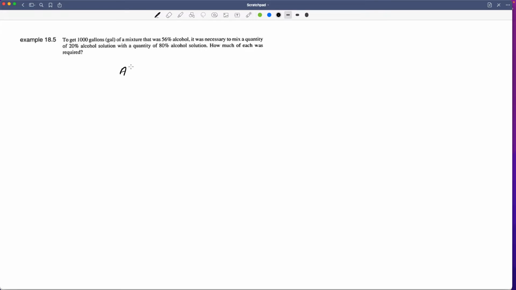So we have the alcohol 1 plus the alcohol 2. And when we add that together, we get the alcohol total. Make sense so far? This is 20% plus 80% to get the total percent that we have.